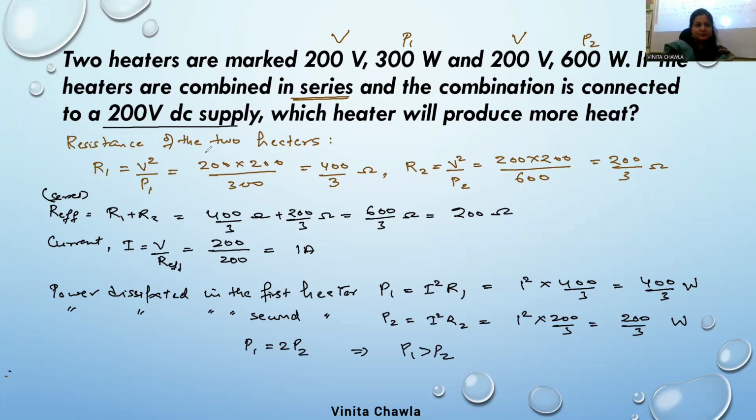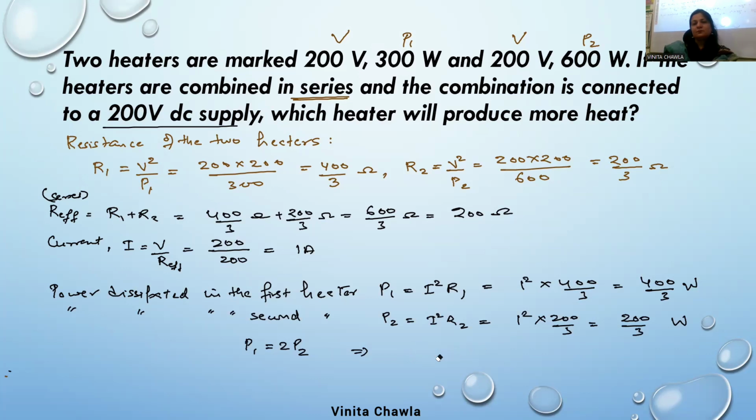P1 is equal to P2, no? No, P1 is less than P2? एक वैल्यू निकाले तो P1 की ज्यादा है. 400 by 3 is approximately 133.3, or 200 by 3 is 66.67.